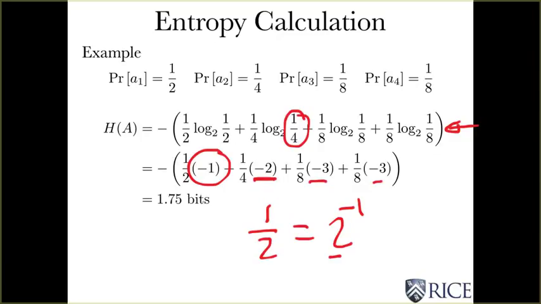Well, when you multiply this all out, the entropy of this alphabet is 1.75. I don't know what the entropy is good for yet, but it's going to be important, as I'll show you in just a second. But this is how you do entropy calculations for a given alphabet. It's pretty straightforward, not difficult to do.